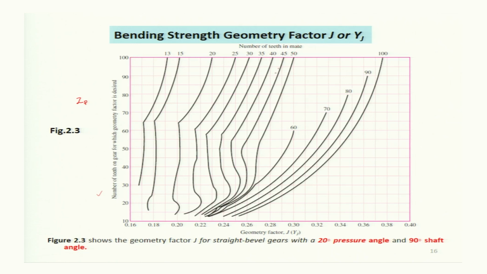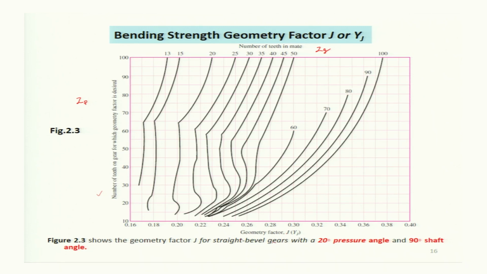So, you will select a curve corresponding to the number of teeth on the mating gear. So, in the gear, let the number of teeth be 100, then you will select this figure. If number of teeth on the gear is 80, then you will select this one, and the intersection will give you the value of geometry factor that can be used.